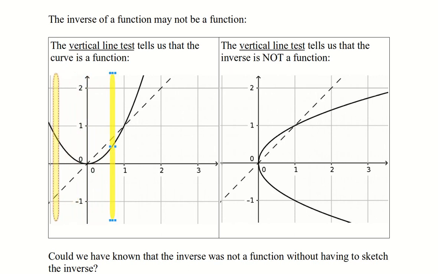As we sweep this vertical line across the parabola, we see that for each input there's exactly 1 output. It tells us that this is in fact a function. However, when we find the inverse, we see equally well that the inverse is not a function.